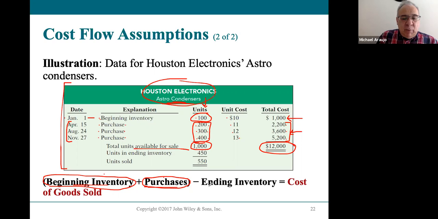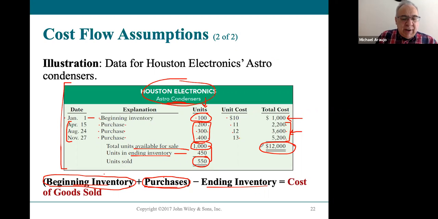Well, we subtract out the ending inventory. We don't know the cost of that because we have to determine it, but we do know that they have 450 of these Astro condensers still in the store at the end of that fiscal period or accounting period, which means they actually sold 550 of these 1,000.